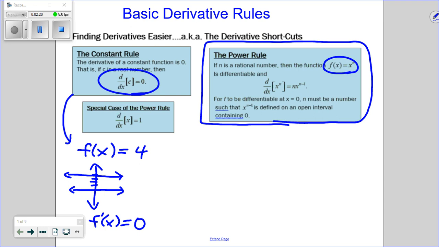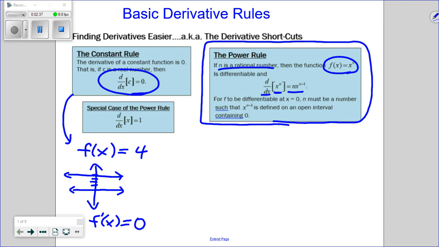So as long as n is a rational number, then we can find the derivative, and it works like this. The derivative of x to the n power is always equal to n times x to the n minus 1.